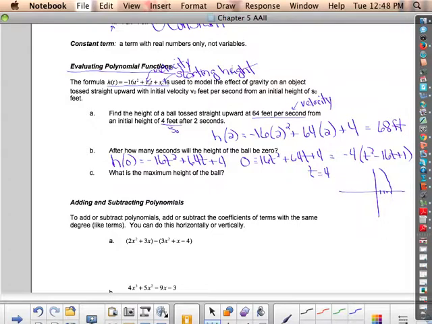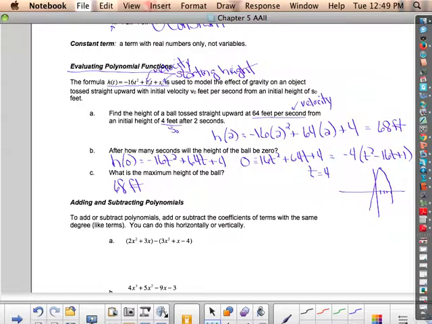That ball will cross the x-axis. It says what is the maximum height of the ball. I think we calculated that earlier. It's 68 feet is the maximum height of the ball.